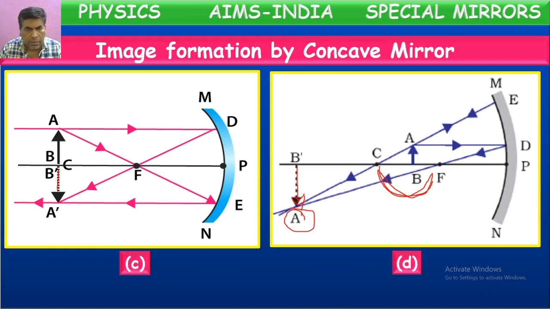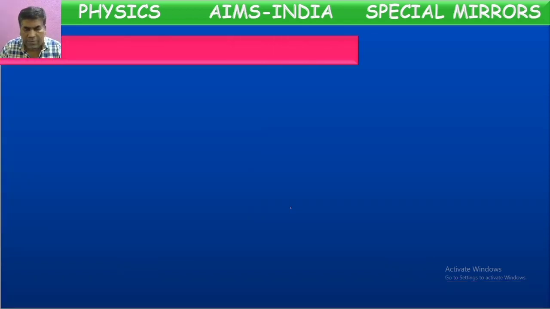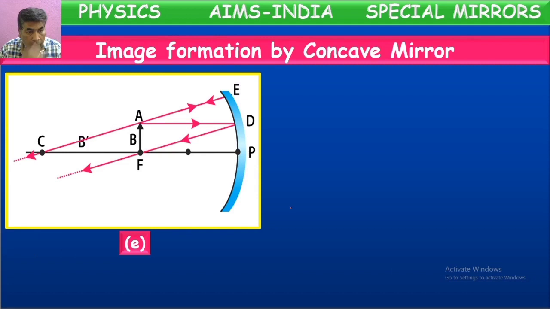This all we have discussed yesterday only, just revision it is. Fifth case, when the object is at focus, the image will be formed at infinity. These two rays never meet with each other. We have to assume that the image is formed at infinity.